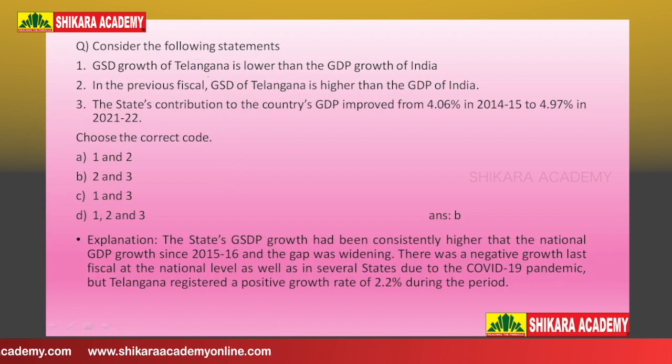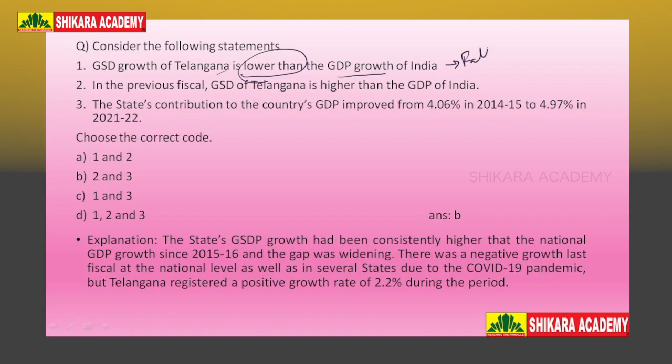The GSDP growth of Telangana is lower than the GDP growth of India. This statement is false because the growth rate of Telangana is higher than the GDP growth of India. Now, in the previous fiscal, the GSDP growth of Telangana is higher than the GDP growth of India, which is true.